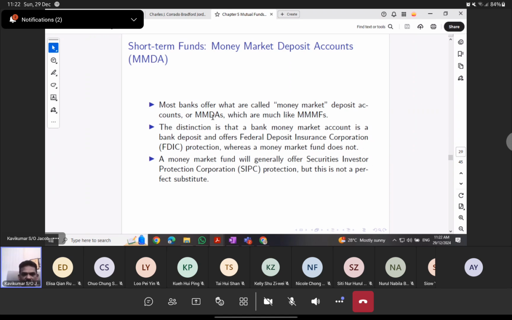MMDA is just like a bank deposit, but we also have protection if you lose money or it is stolen. But MMF is not like that. You don't have any protection. Money market funds will generally offer Securities Investor Protection Corporation protection, but this is not a perfect substitute. I think we have seen this in the last chapter also. SIPC is the minimum amount they will provide.